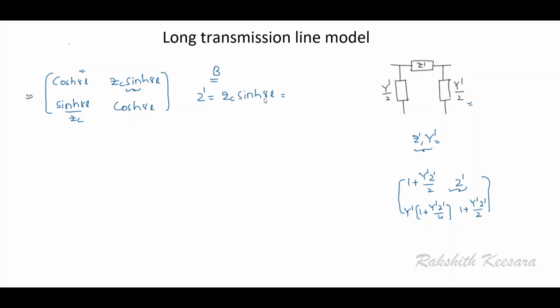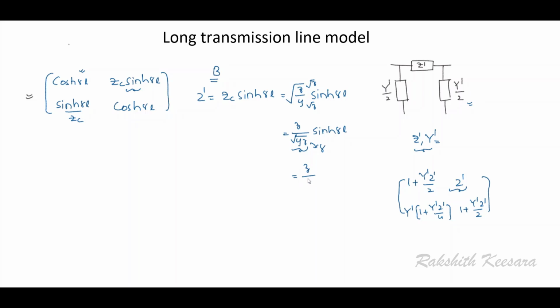Now, Zc is root over Z by Y into sinh γL. Now, if I multiply numerator and denominator by root Z, what will I get? Z by root over YZ sinh γL, right? And this is gamma.